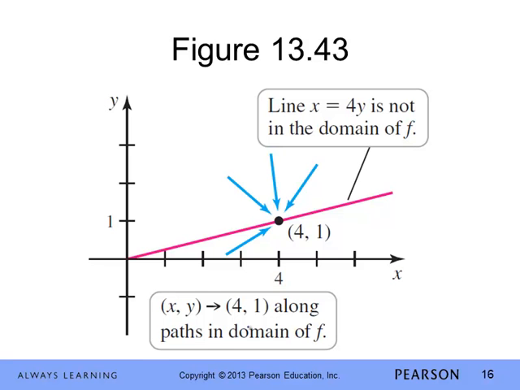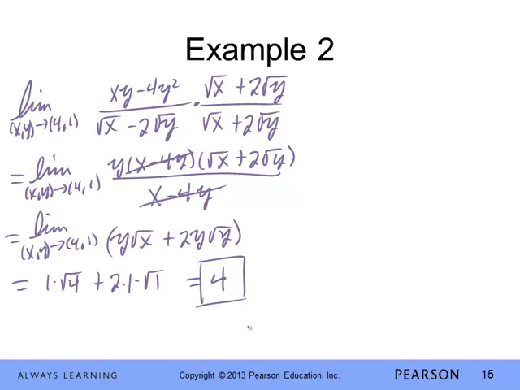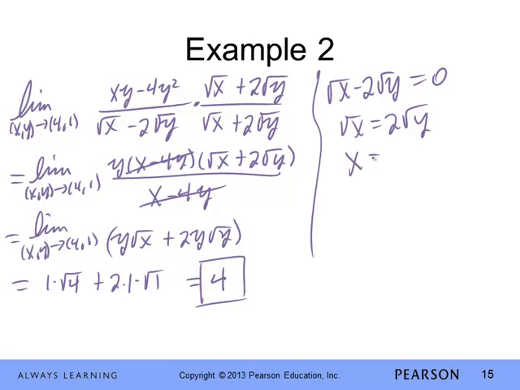When x is equal to 4y, then you have square root of x minus 2 square root of y being equal to 0. Why is that? Well, take square root of x minus 2 times the square root of y and set that equal to 0. That means square root of x is equal to 2 square root of y. That means x is equal to 4y.